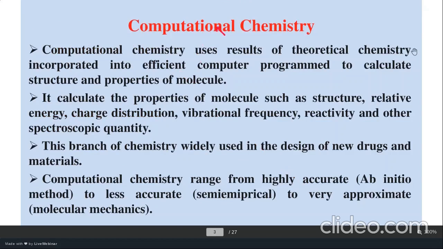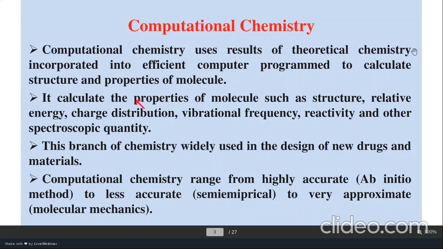Now, what is computational chemistry? Basically, computational chemistry uses results of theoretical chemistry incorporated into efficient computer programs to calculate structure and properties of molecules. What we have done in computational chemistry, we use some software or programs to calculate the properties of a molecule which is already synthesized, which has experimental properties, experimental results.